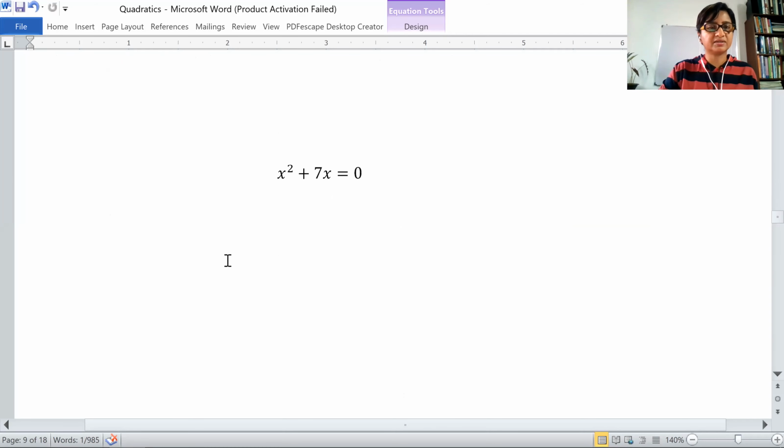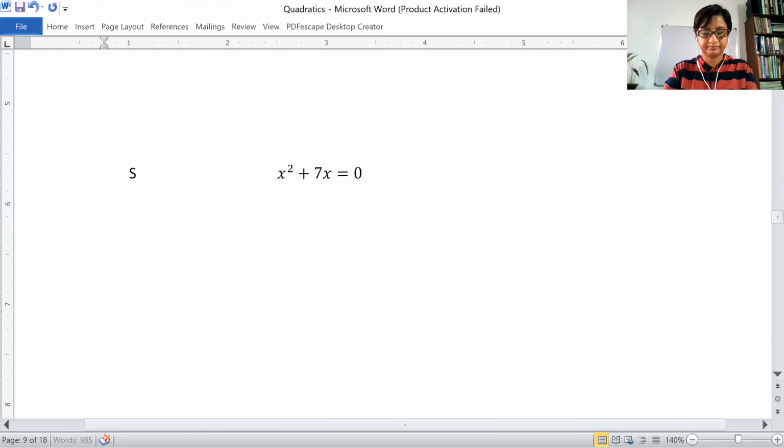So actually this has to come. Solve. Example 2. You have x squared plus 7x equals 0.